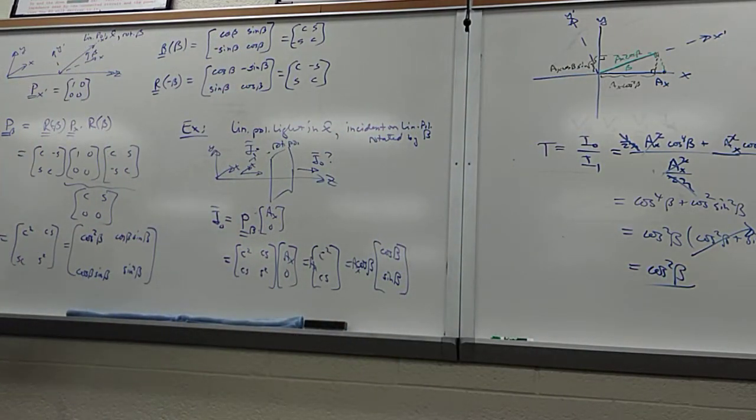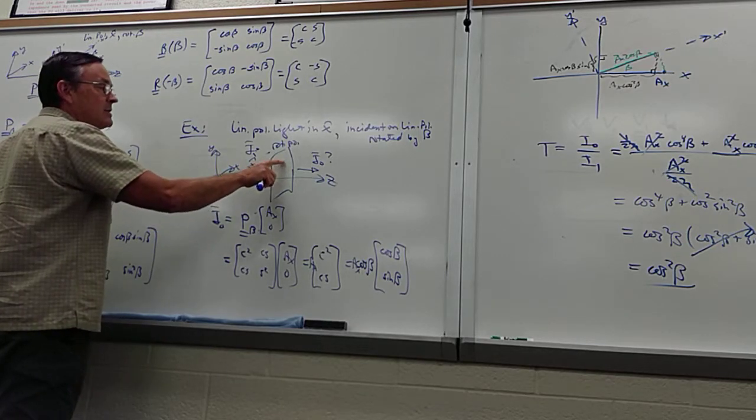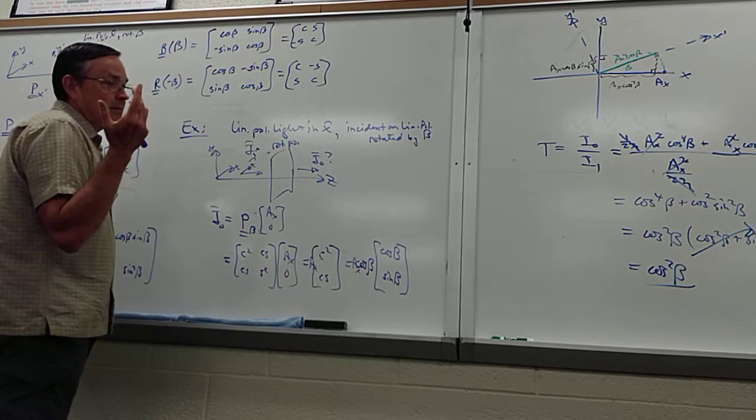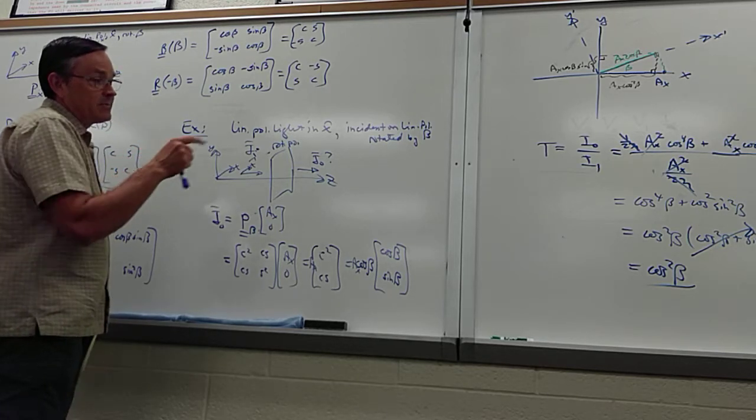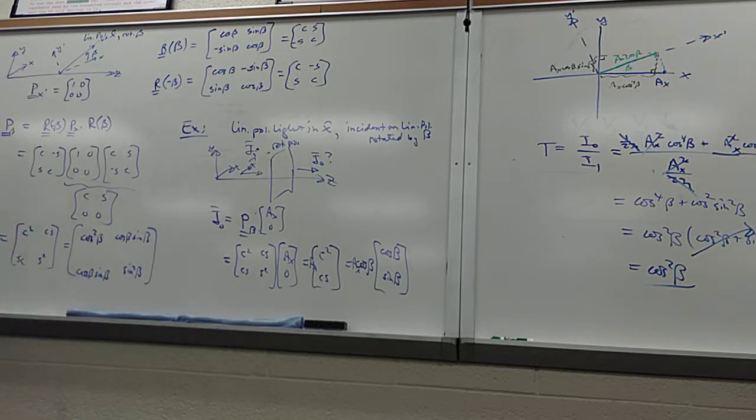So the transmission through a polarizer, where the incident linear state is at an angle beta relative to the polarizer pass axis, the fraction of the power transmitted, is just cosine squared beta.